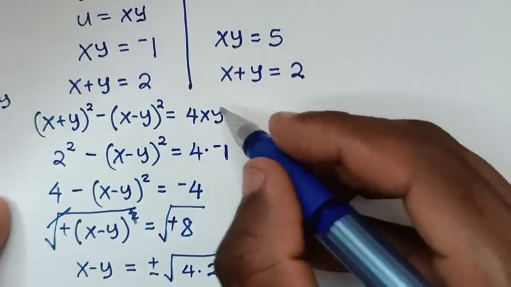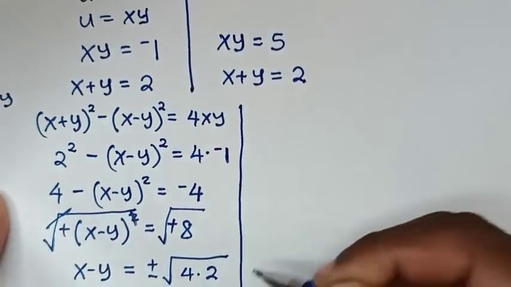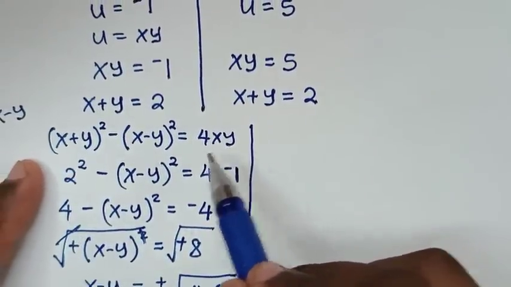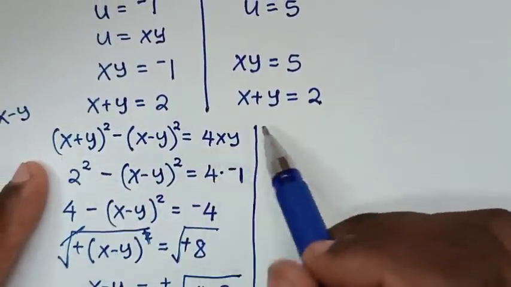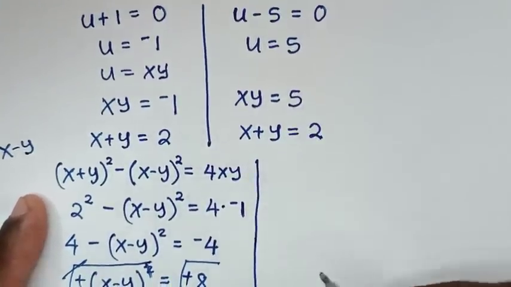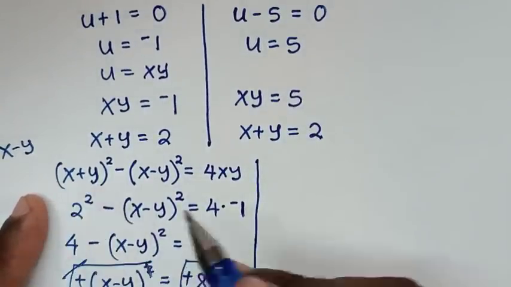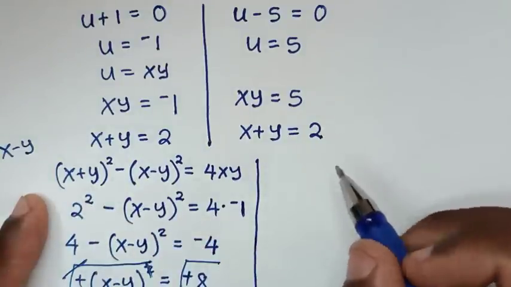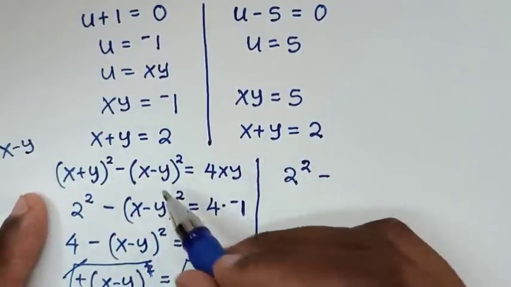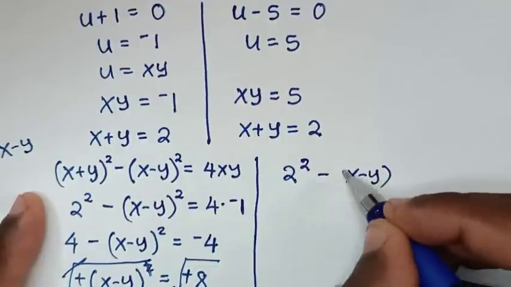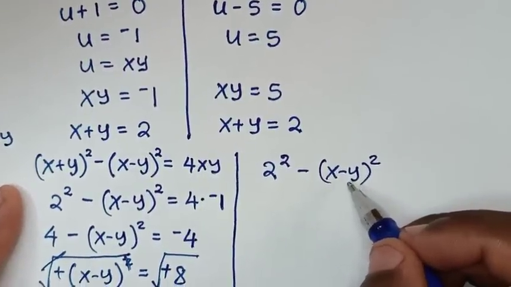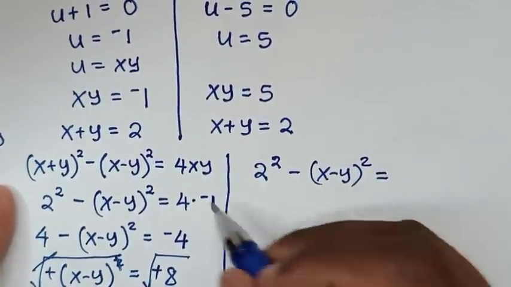Also on this side we'll use the same algebraic rule to find the value of x minus y in the second solution. Now from here x plus y is 2, so it will be 2 square, then minus this x minus y bracket square, where we are going to find x minus y in the second solution, is equal to 4xy.